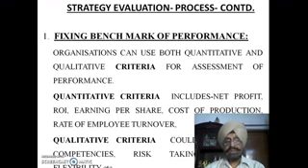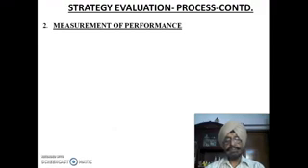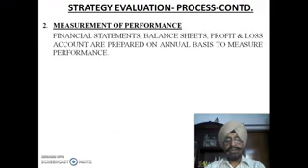So the first process, having studied fixing the benchmark for performance, let's see the second step. The second step is measurement of performance. Now financial statements, balance sheets, profit and loss accounts are prepared on annual basis to measure the performance.